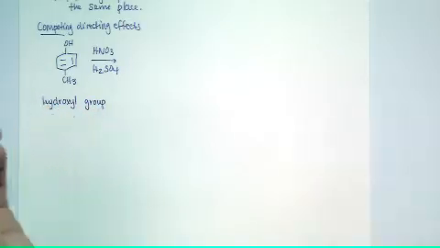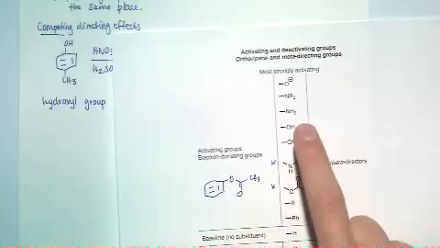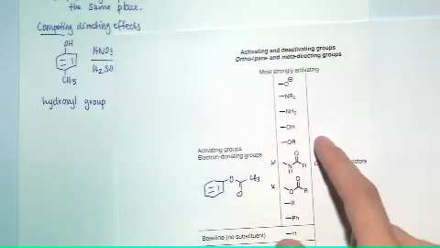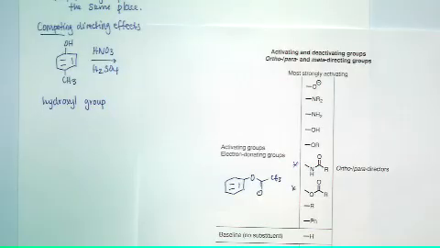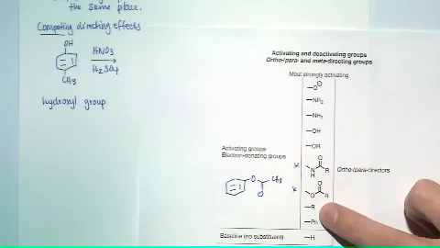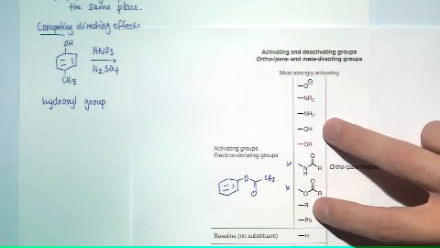So the hydroxyl group is an activating group. And I'm going to go ahead and compare it to the methyl group because, as it turns out, the methyl group is also an activating group, but it's a lot lower down.